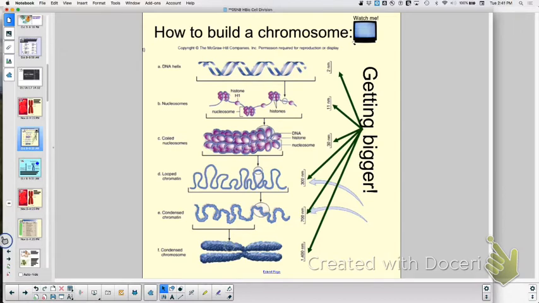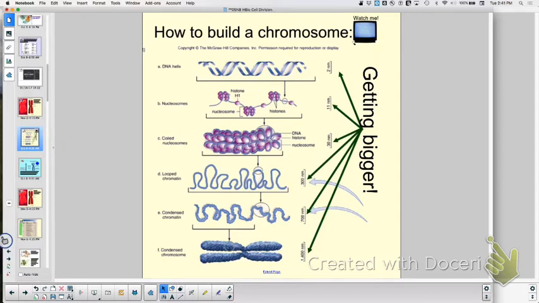So here we can see this DNA winding on these protein spools called nucleosomes, and nucleosomes are built out of histone proteins. Then we're backing up a little bit more. These histones will twist together. It's like braids on top of braids on top of braids till we have a dreadlock. Okay? That's what's happening here. It's twisting on, twisting on, twisting on, and then we can see those rod-shaped chromosomes.